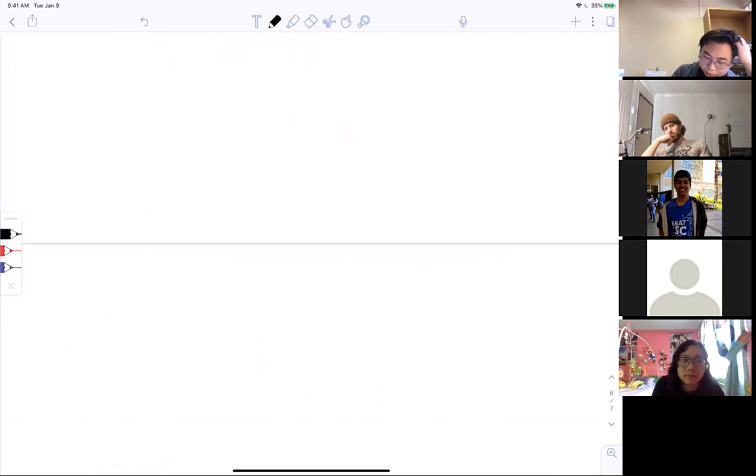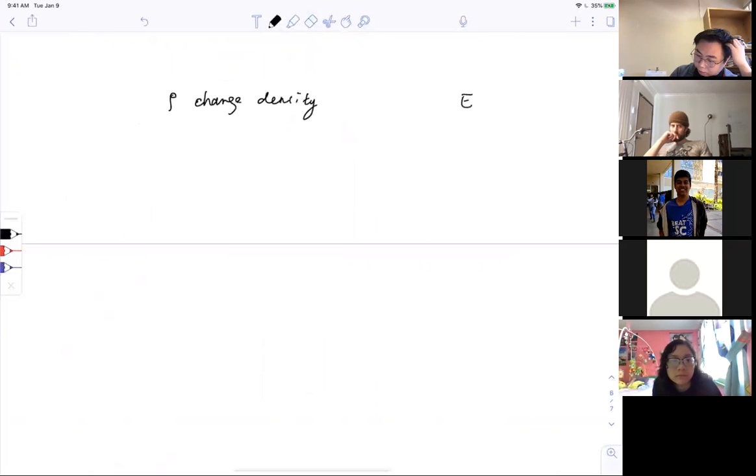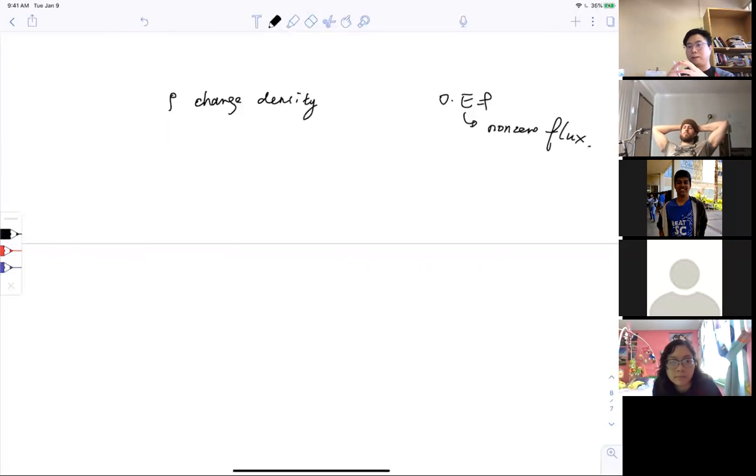So in Gauss's law, the rho is the charge density, and the electric field. And this charge density will introduce non-zero flux, right? If you choose a surface that encloses the charge, then the flux through that surface is non-zero. Now you have an electric current.